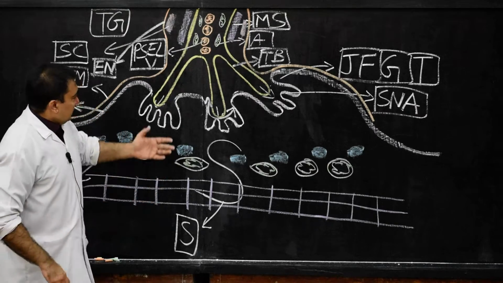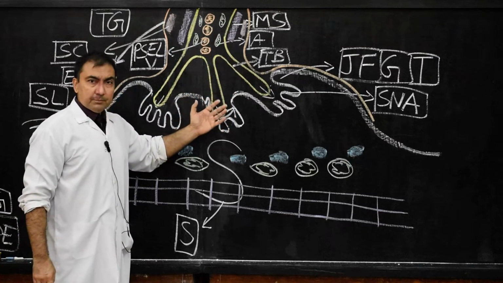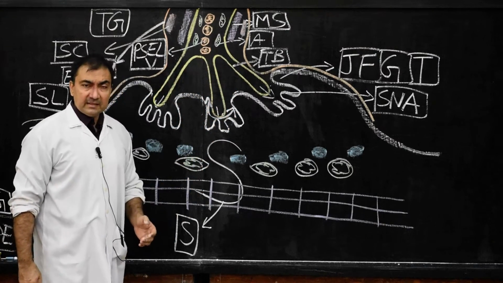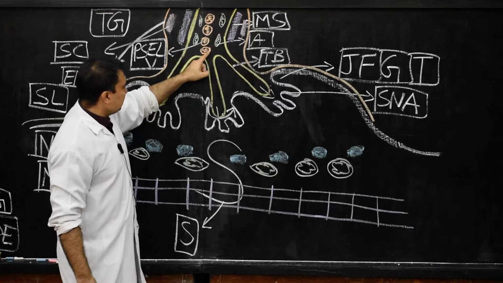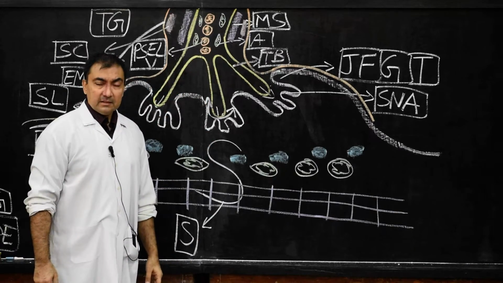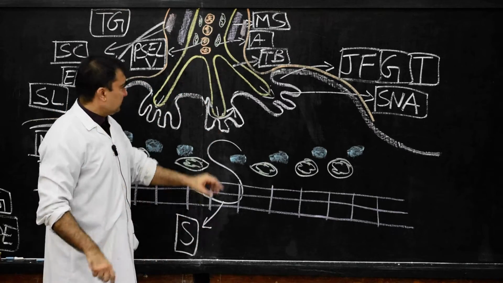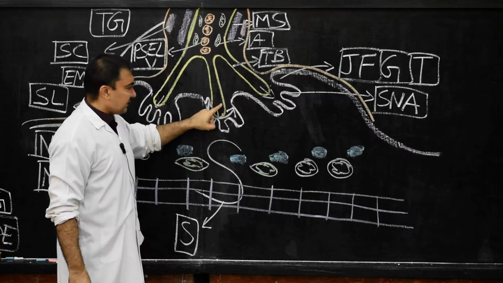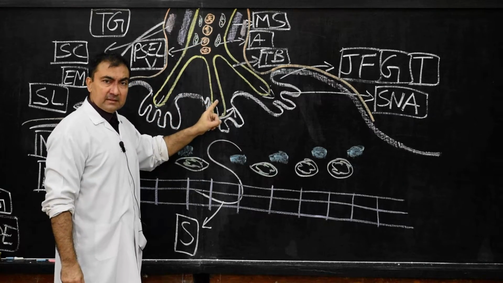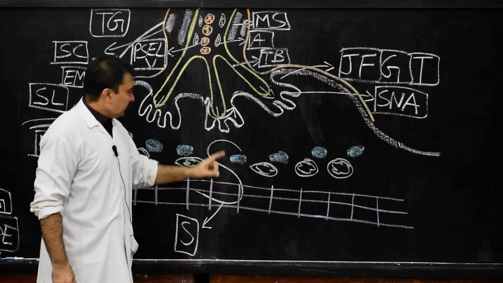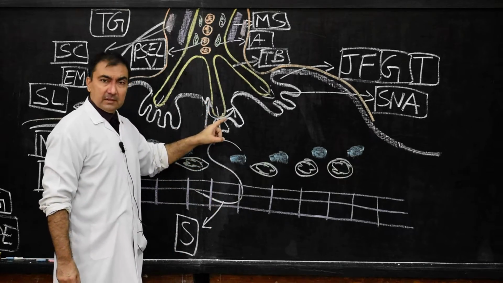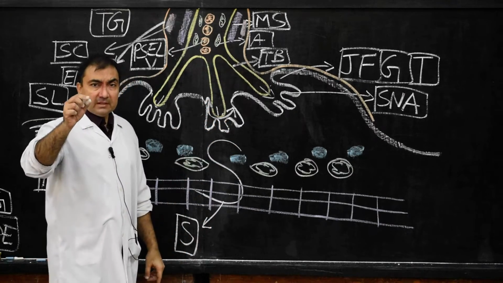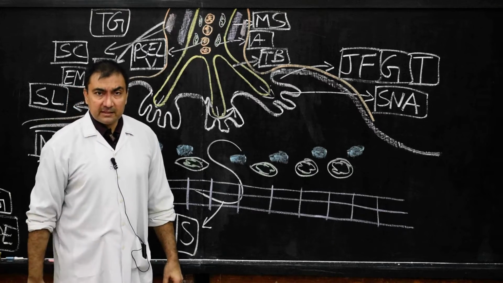Now, during the arrival of a nerve impulse, acetylcholine will be released from these synaptic vesicles. On arrival of the nerve impulse, these vesicles will fuse with the axolemma, and from the axolemma the acetylcholine is released. It will traverse through this gap between the axolemma and sarcolemma.